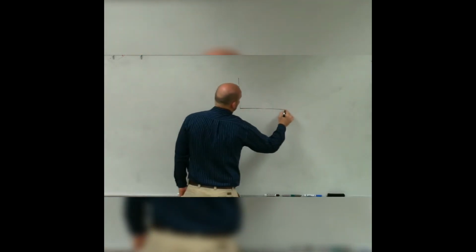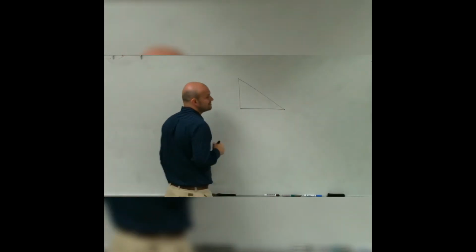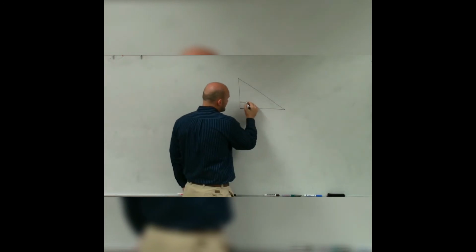H is for hypotenuse. Hypotenuse is the longest side of a right triangle, the side that is opposite the 90-degree angle. For example, now, remember your homework quiz today? You guys had a right triangle, right?